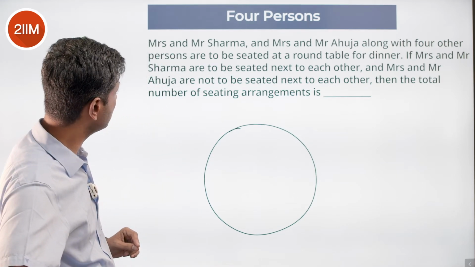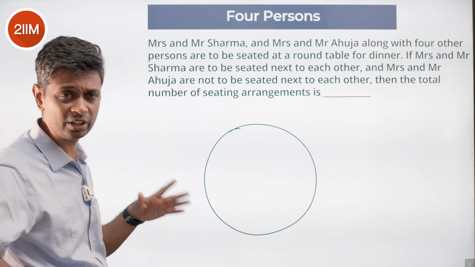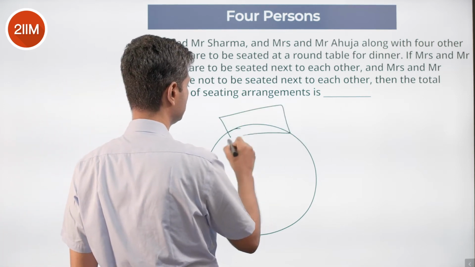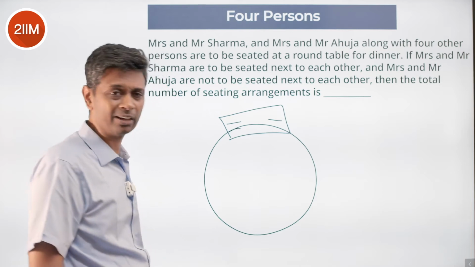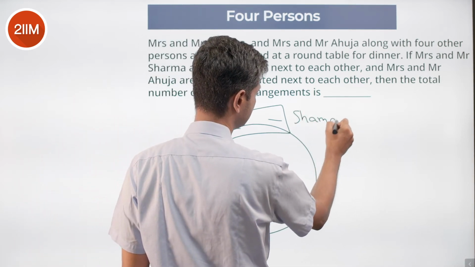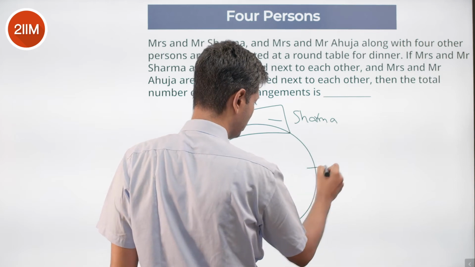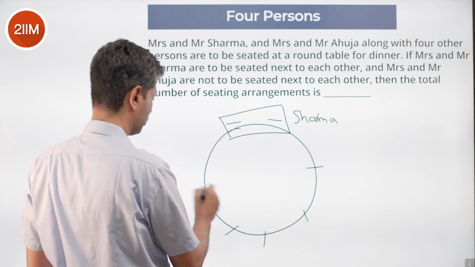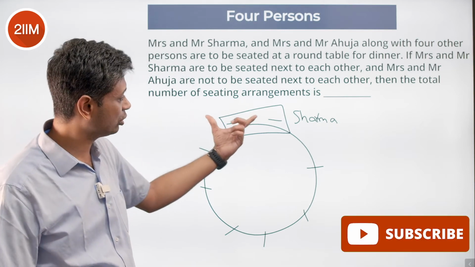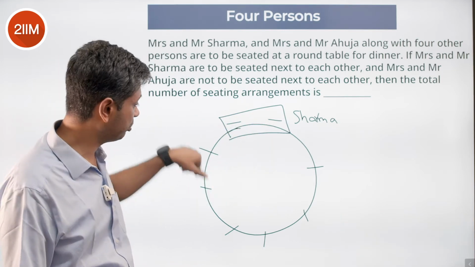Mrs. and Mr. Sharma are to be seated next to each other. So I say, Mrs. and Mr. Sharma, 2 seats are taken by them. It's the Sharma family. Then we have 1, 2, 3, 4, 5, 6 seats left. Around these 2, these 6 can be placed.